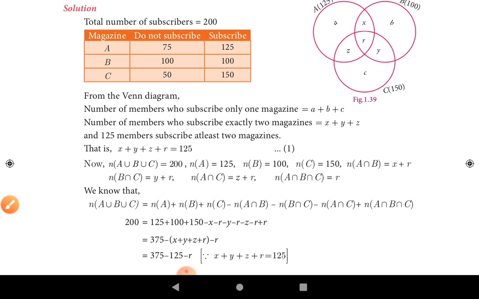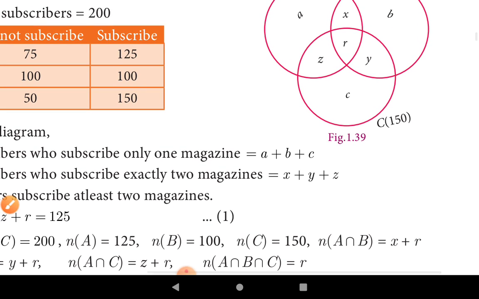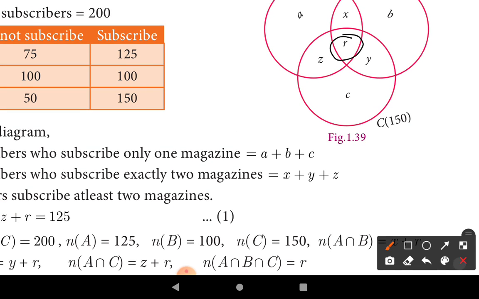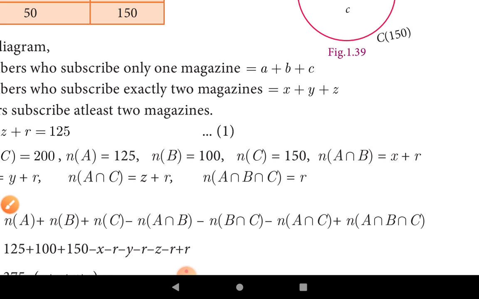So we have to include it in case of intersection if you don't know the values. And this part, as I already told you, is common for all, right? So number of A intersection B intersection C is equal to R.